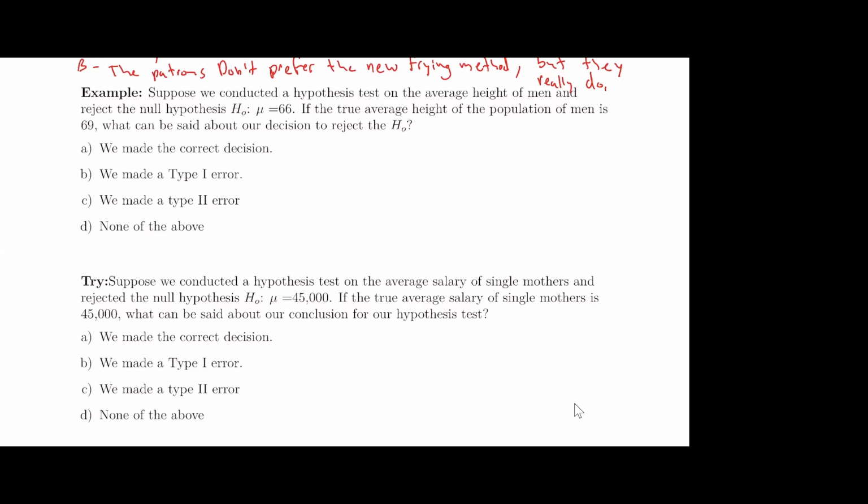So we're going to say 10 years ago, it was 66. And then in 2020, we actually found out that the average height of men is 69. So were they correct to reject the null hypothesis that mu is equal to 66? Or did it create an error?